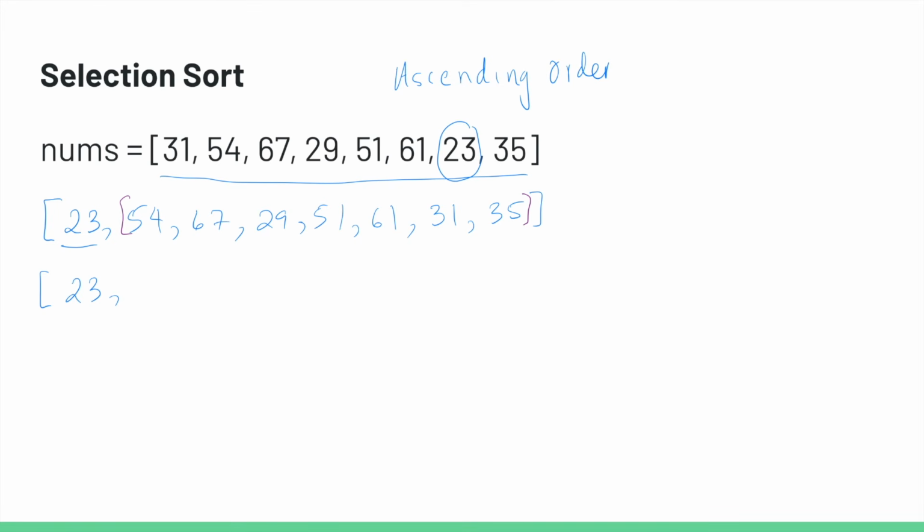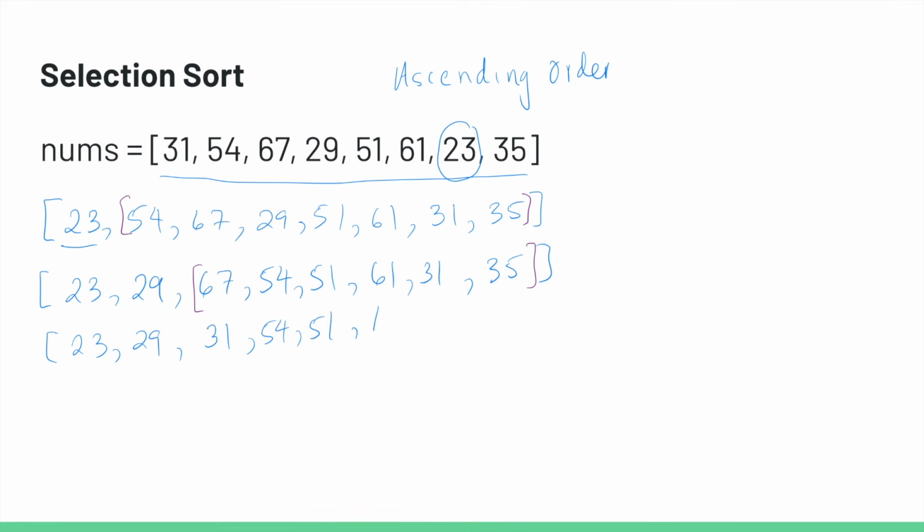So we're going to swap 29 with index 1, and we're going to have 29, 67, 54, 51, 61, 31, and then 35. Now we're going to go to index 2. From index 2 until the end, we're going to look for the minimum. We're going to end up with 23, 29, and I guess the minimum here is 31. So we're going to have 31, 54, 51, 61, 67, and then 35.